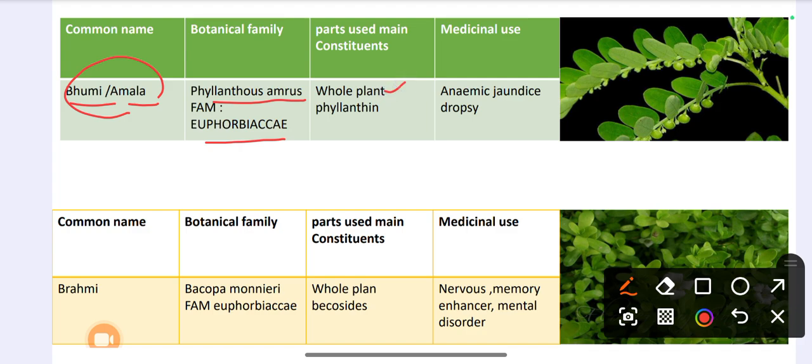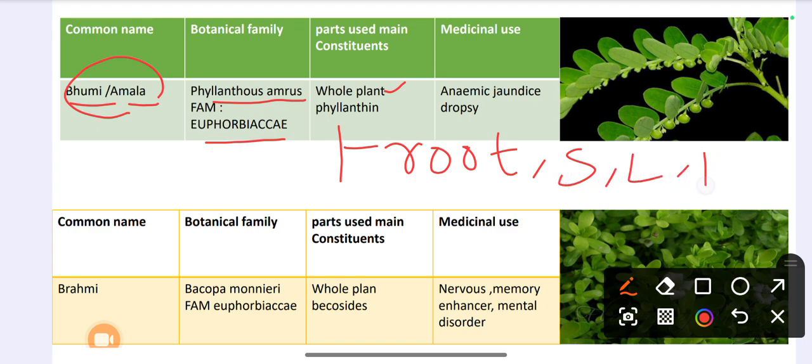The whole plant means root, stem, leaves, flowers and bark. What are the medicinal uses of bhumi amla? Anemia, jaundice and dropsy. Okay, this is called bhumi amla.